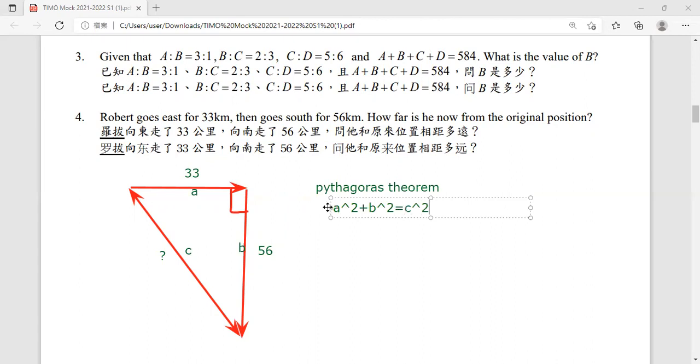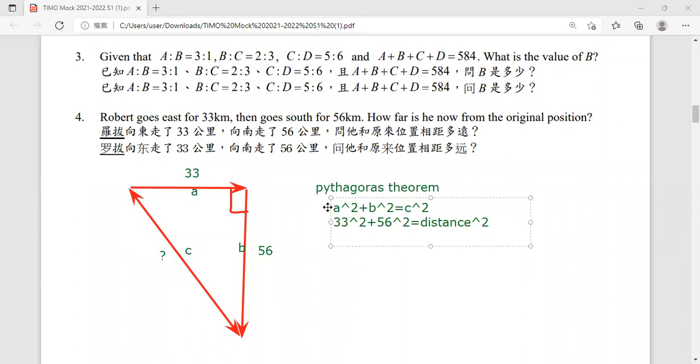So you just substitute 33 squared plus 56 squared is equal to the distance squared.